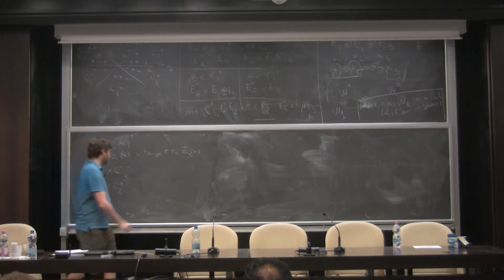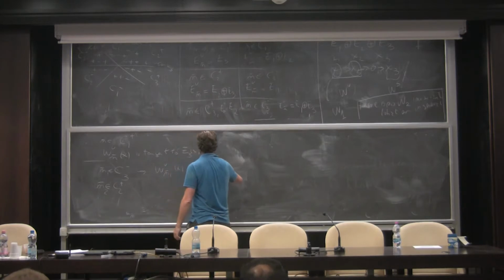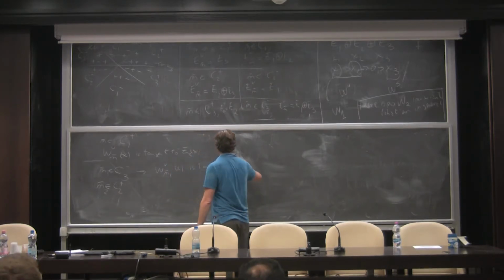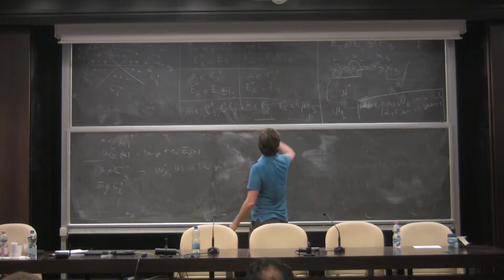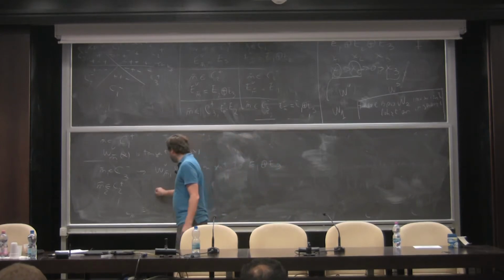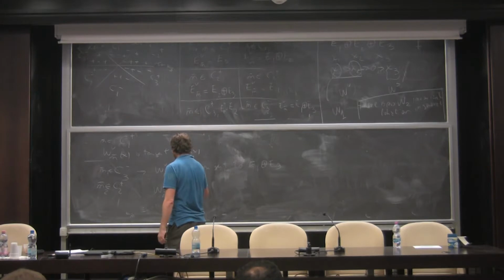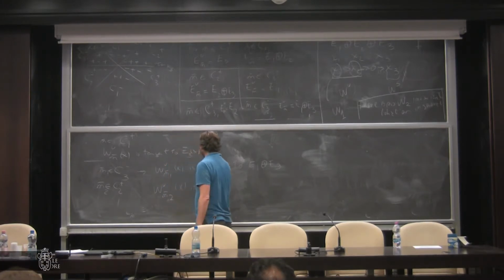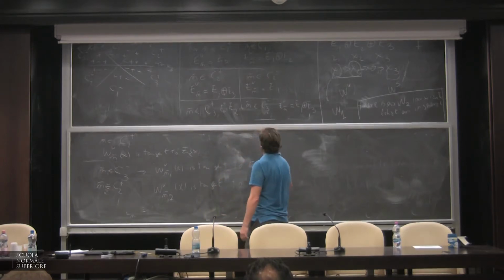Okay, then I get that for this guy, the unstable manifold of n1 at the point x is tangent to E1 plus E3, so it is C minus. And here the unstable manifold of n2 at the point x is tangent to E2 plus E3, C plus.